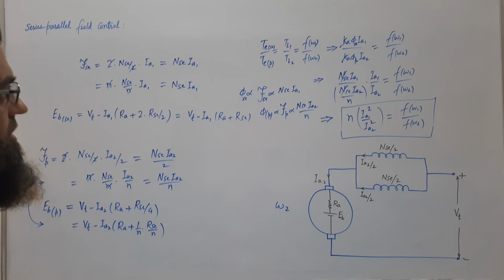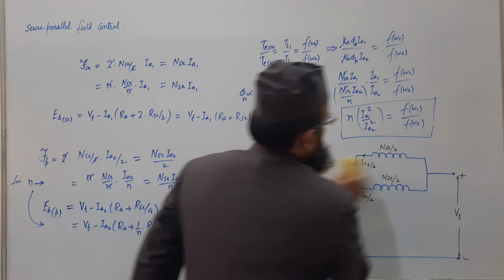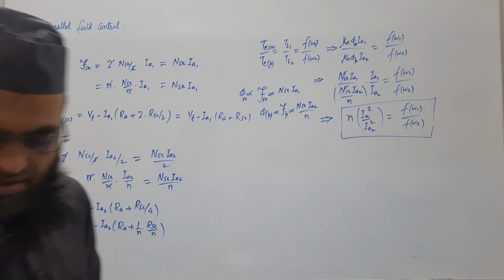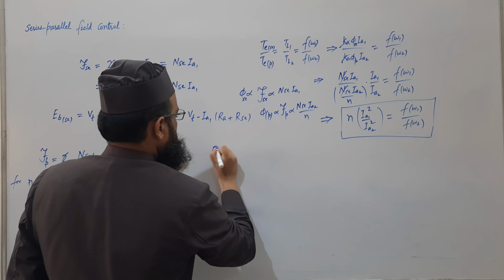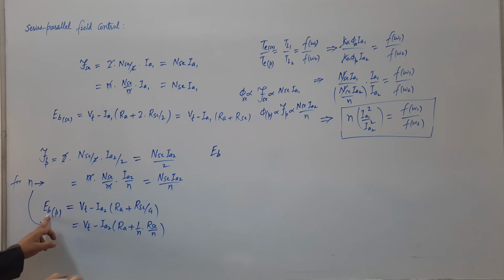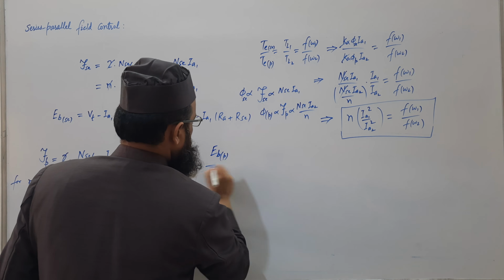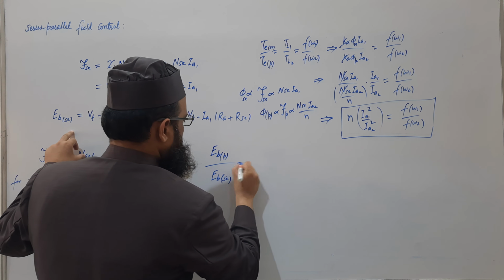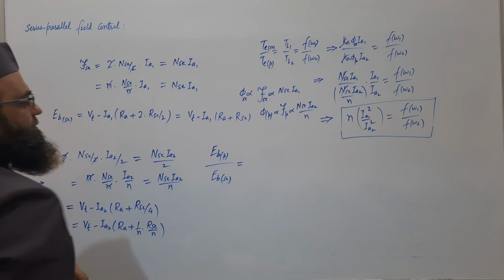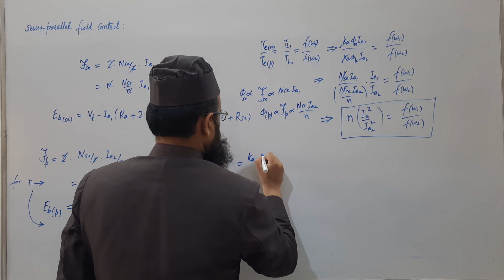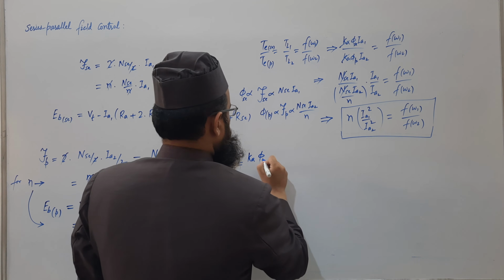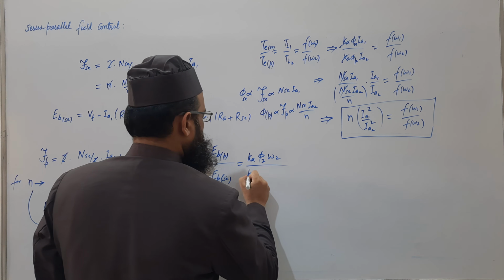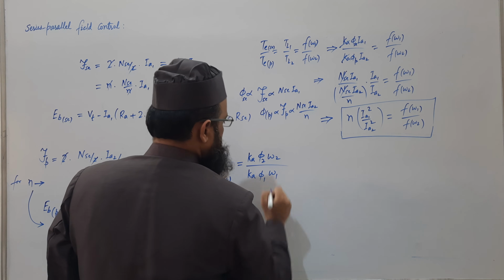Similarly, using the EB equation, we may derive another important relation, which is EBP upon EBSE equal to Ka phi P omega 2 upon Ka phi SE omega 1, using the representations we have used: for parallel phi P and omega 2, for series phi SE and omega 1.